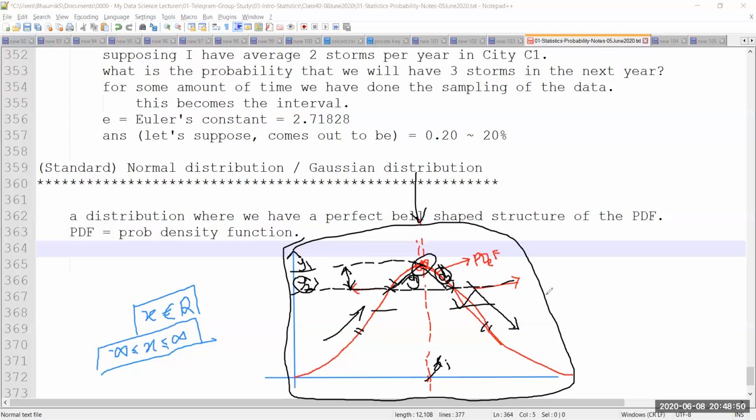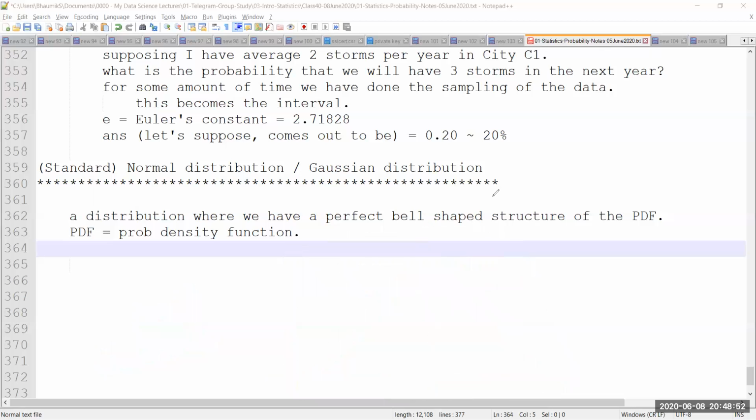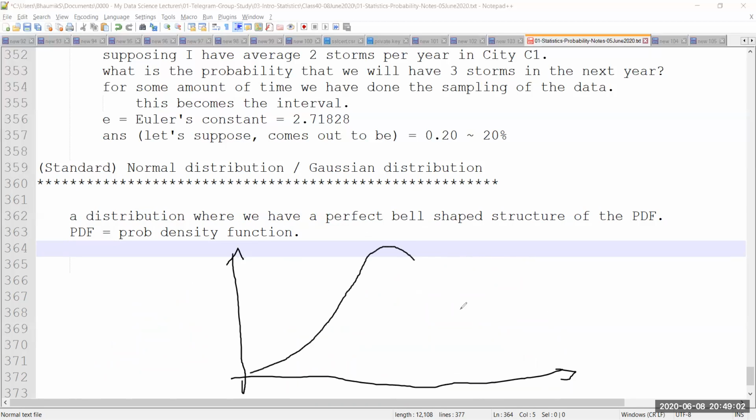Now we have already seen one case similar to this, where we had a similar structure. So we already know what happens when we have a proper bell curve, but just to repeat, if I take this peak value over here, this is where I will have the mean, the median, and the mode. Everything falls at this point only, irrespective of whether I'm drawing a PDF or a simple distribution of the values.